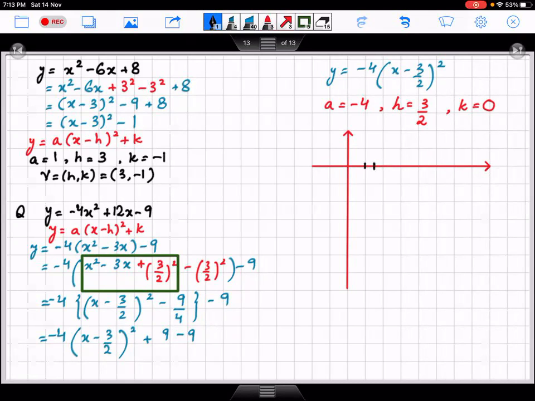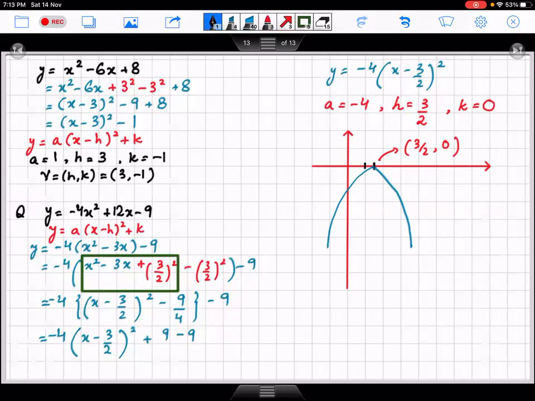So the vertex will be 3 upon 2, 0. By sketching it, my sketch should be like this. So this value should be 3 upon 2, 0.